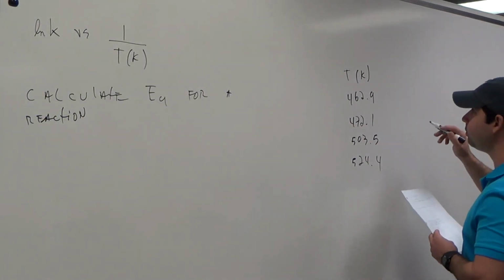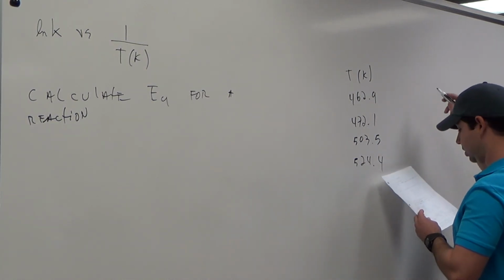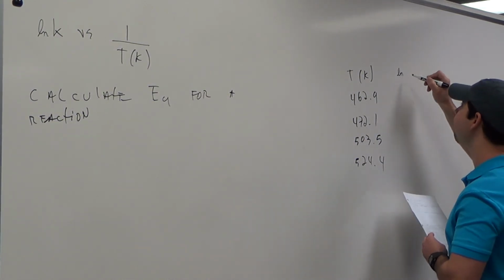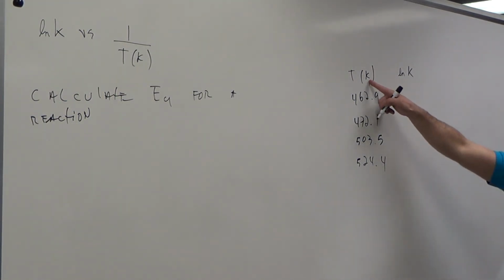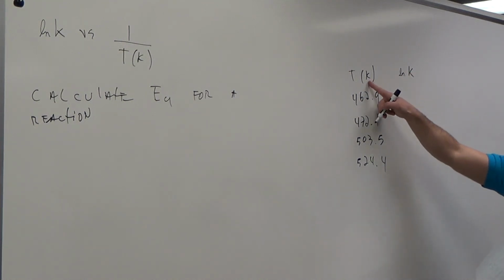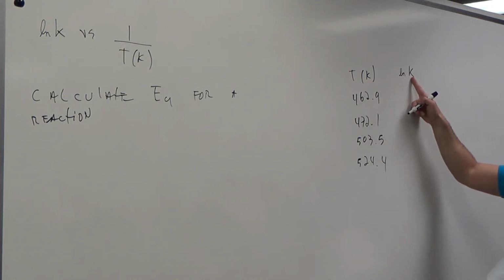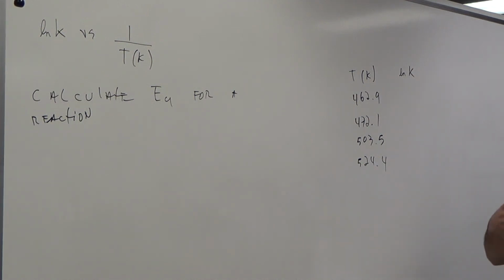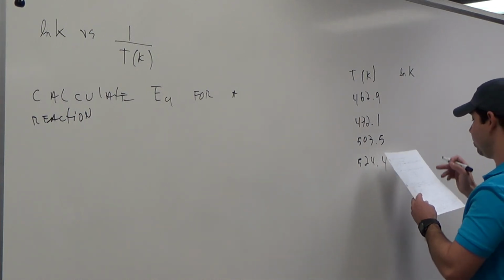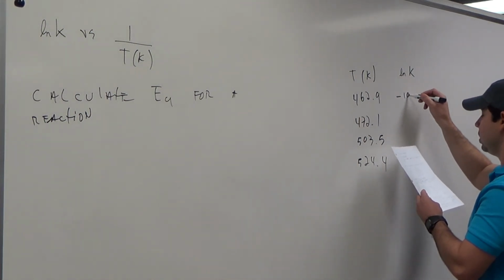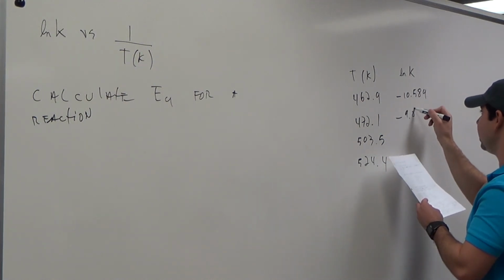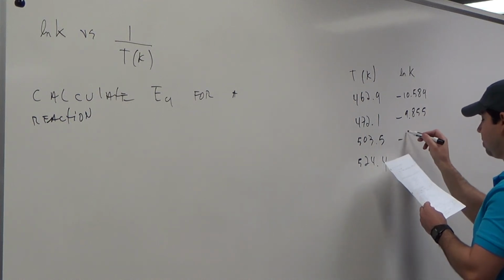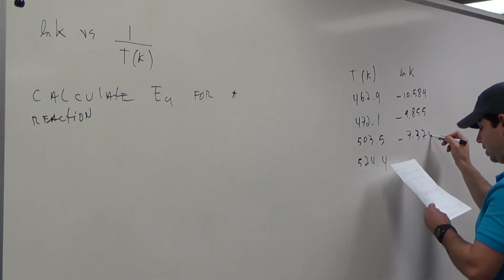Okay? And the ln of K. Guys, is this K and this K the same? No. This K is Kelvin, yes? And this K is rate constant. I found the rate constant and I took the ln of that rate constant. And it is a number. And the number is this, let's say. For the first, 10.589. For the second, 9.855, for the third, minus 7.370.